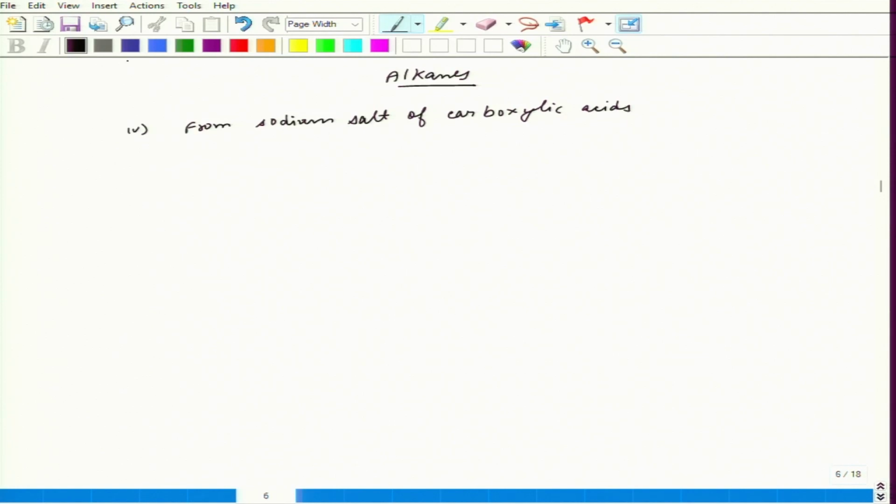One we have done is decarboxylation. I have already discussed in the previous class: CH3COO minus Na plus, with NaOH, basic conditions, calcium oxide and heating, forms CH4 plus Na2CO3.